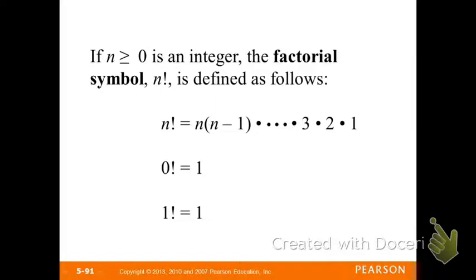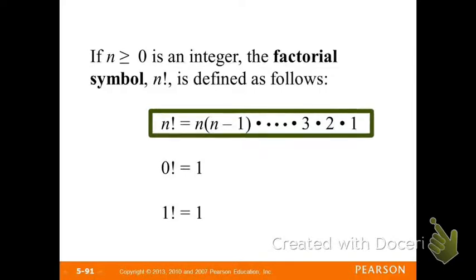Now here's a new notation for us. The exclamation point in mathematics is called the factorial symbol. And n factorial is defined as n times n minus 1 times ... times 3 times 2 times 1. And let's stop right there because I want to put some context to what this means.